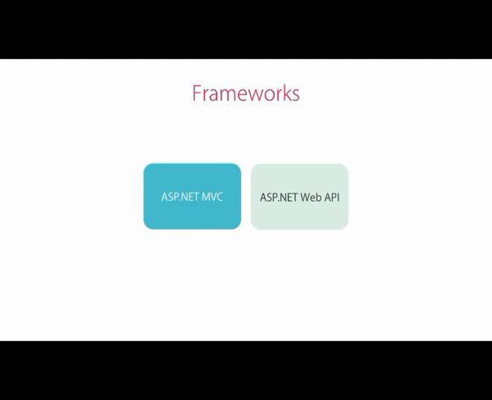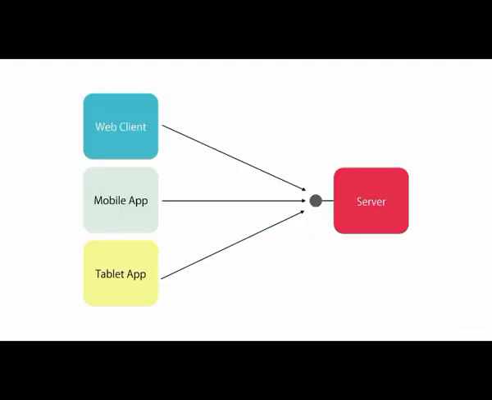In the next version of ASP.NET MVC, called ASP.NET Core 1.0, Microsoft has merged these two frameworks into a single unified framework. But ASP.NET Core is not ready yet, and it's going to take a few more months until it's finally released. So with ASP.NET Web API, we can build web APIs or data services that can be consumed by a broad range of clients. Now, as far as this course is concerned, we're not going to build a mobile app around our web APIs because that's really beyond the scope of this course.